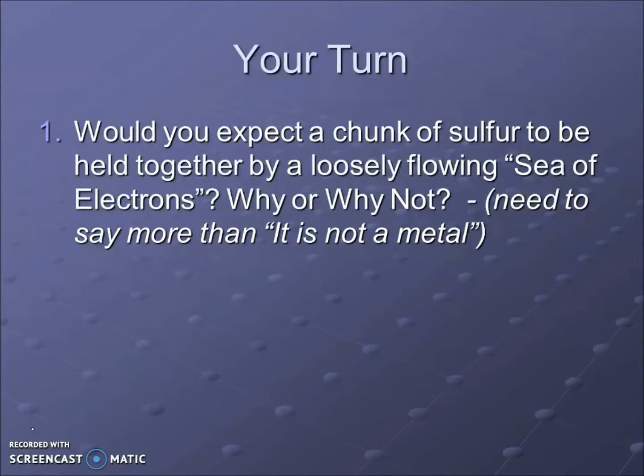Okay, well, hopefully when you talked about sulfur, you said no, sulfur is not held together by a loosely flowing sea of electrons. Now, part of your answer would be that sulfur is a nonmetal. Now, as a nonmetal, it has a higher ionization energy, a stronger attraction for its valence electrons. Remember, on the periodic table, as we go this way, the ionization energy increases. The effective nuclear charge gets stronger.